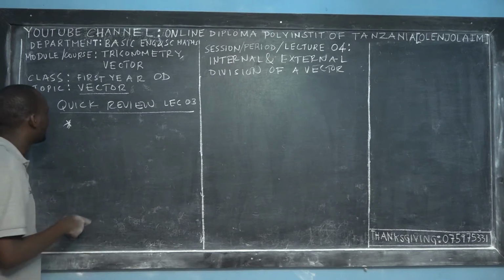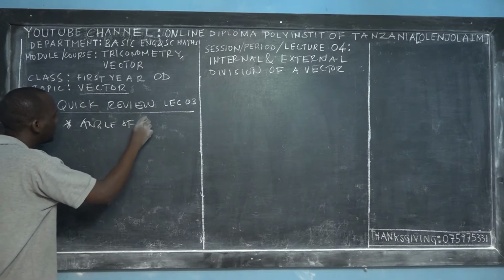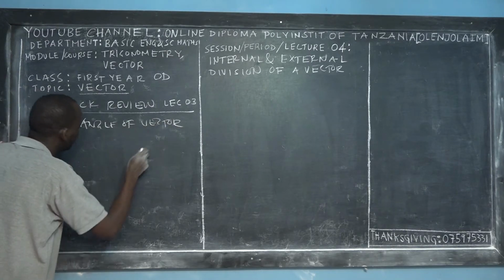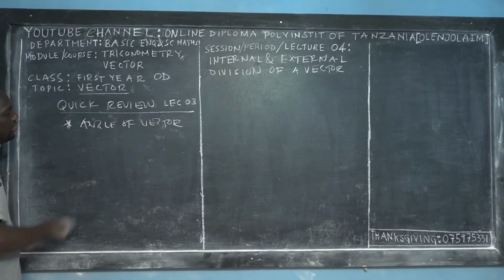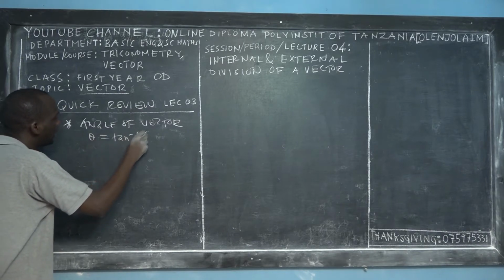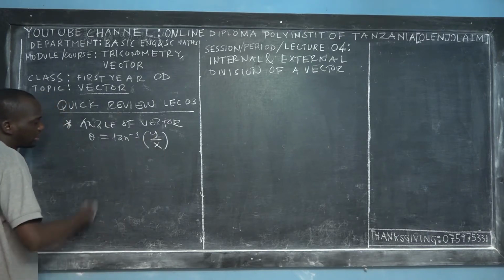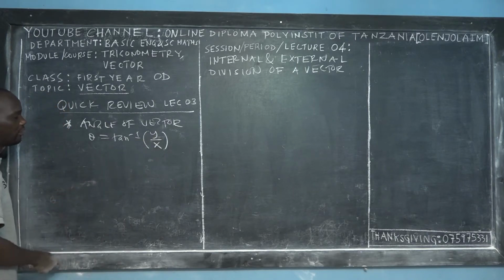Yes, I remember. Thank you, God. Angle of a vector. How can you find the angle of a vector? This, I think, was terminology number 8. We say that the angle of the vector is found using this formula: tan inverse of the y component over the x component, so the angle is arctan of y over x.